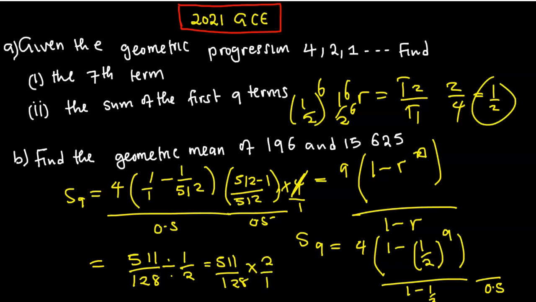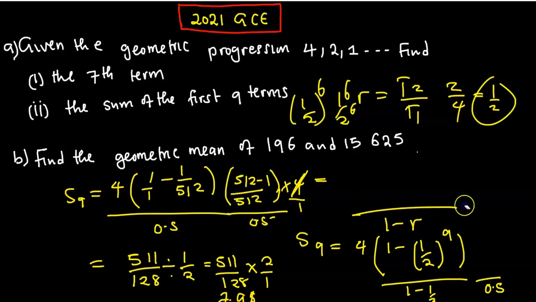So 511 multiplied by 2 divide 128. Okay, so for me it's giving me 7.98. Okay, 7.98. So that is how you find the sum here. Okay, so that is how you find it.